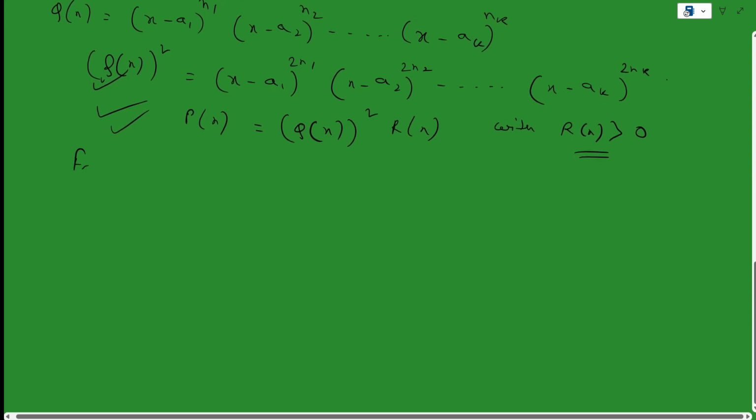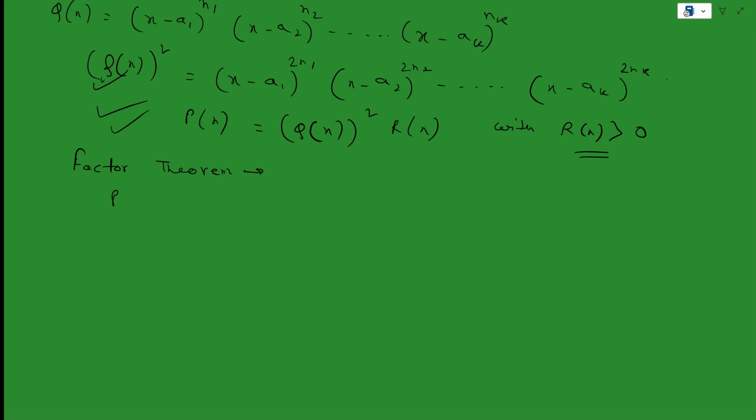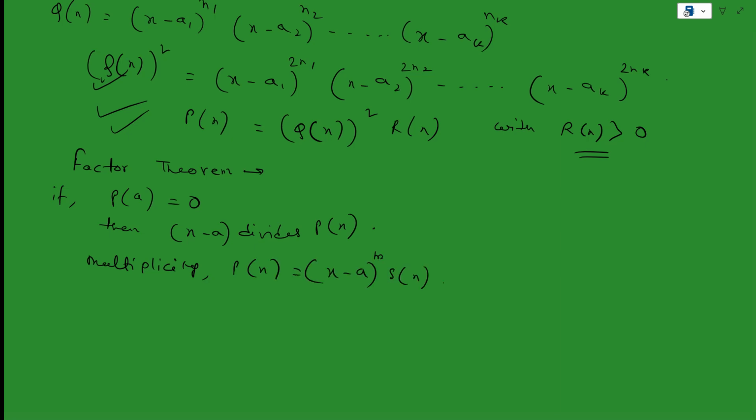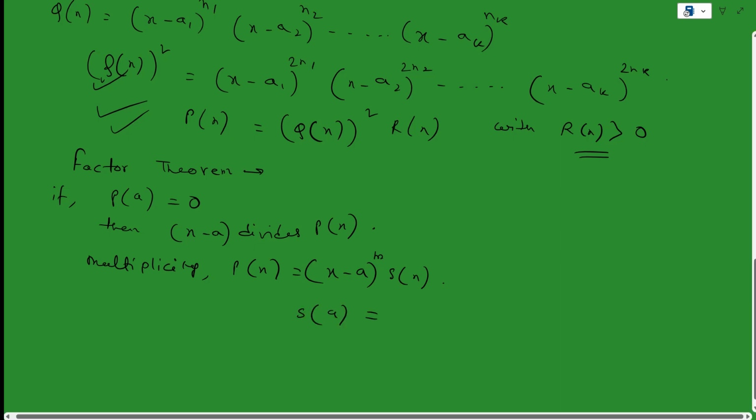Now, I'm telling you a very important theory. We will talk about the factor theorem. If p of a is equal to 0, then x minus a divides p of x. Now, if I talk about the multiplicity, p of x is (x minus a) to the power m into s of x, and s of a not equal to 0. Then a is a root of multiplicity m.